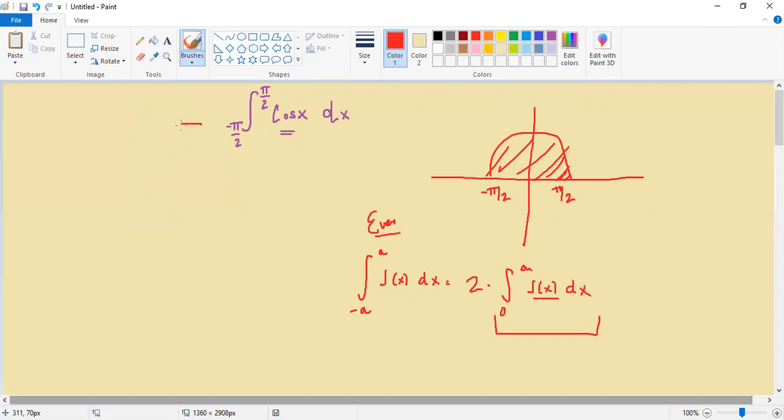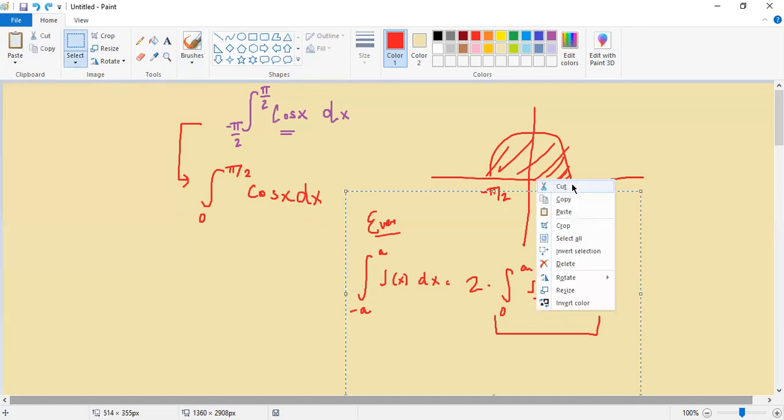We can think of this question as finding the integral from 0 to pi over 2 of cosine x dx, multiplied by 2. So this is essentially how we've rewritten our problem statement.